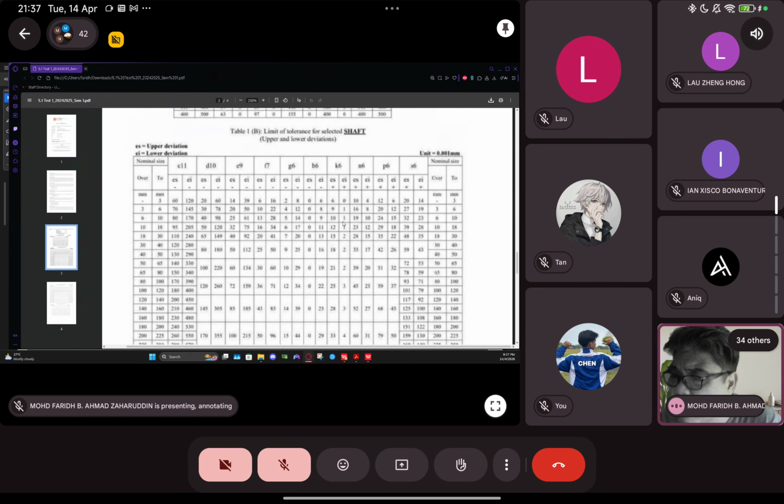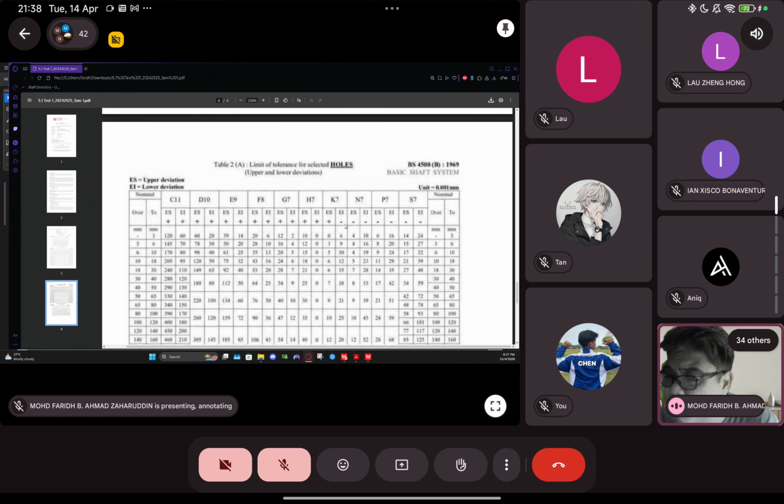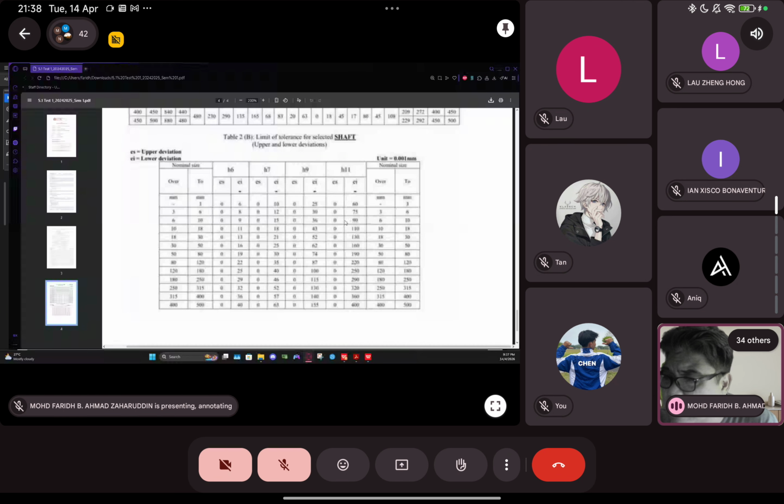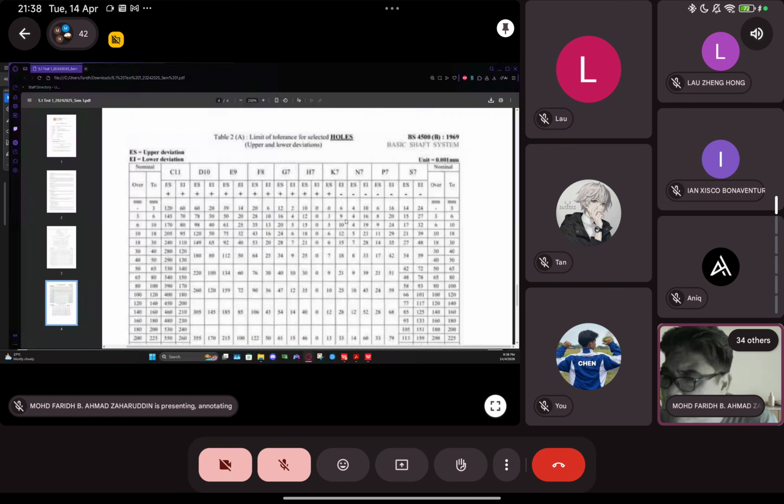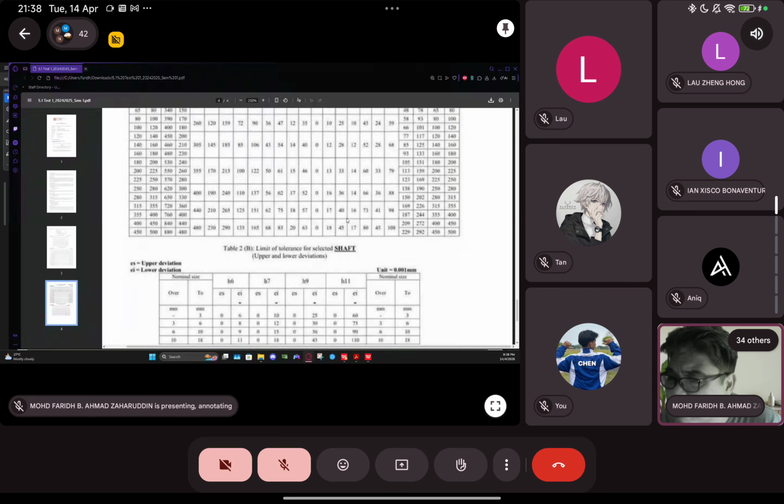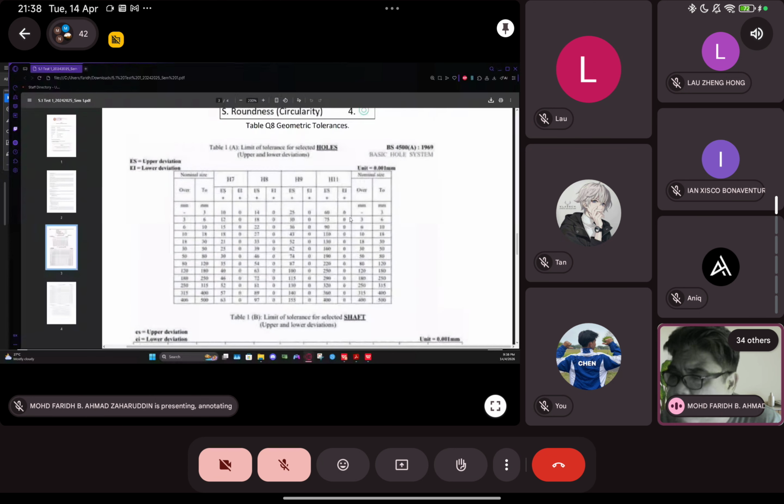Okay, correct, it's true. It's a shaft basis system. H6. Why do they give it like this?